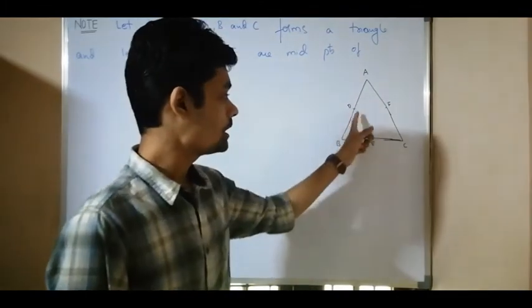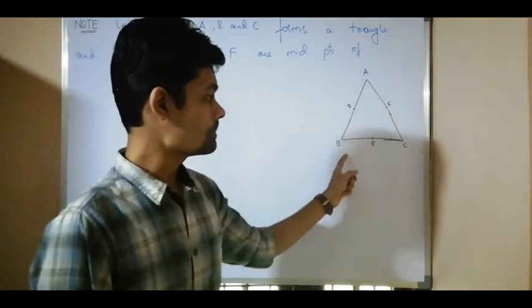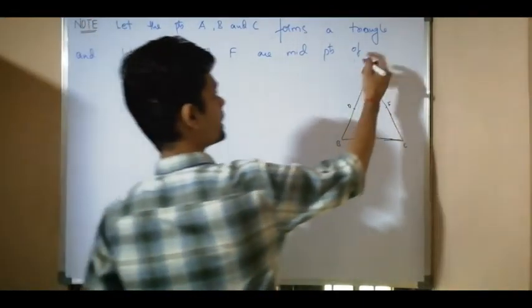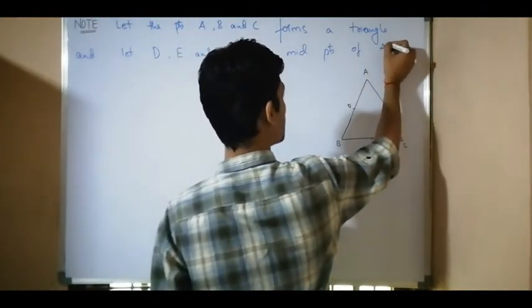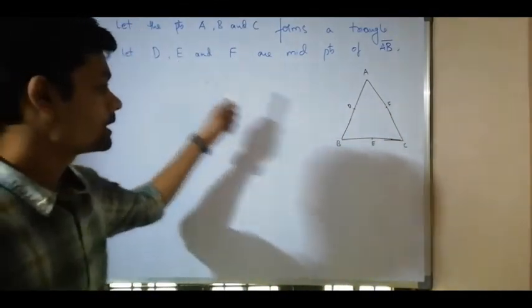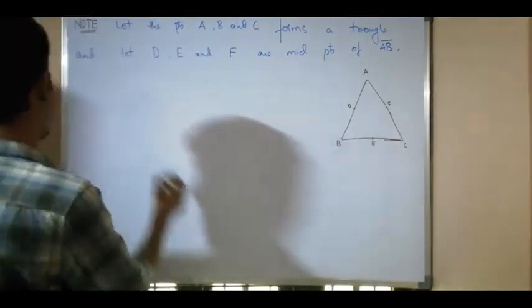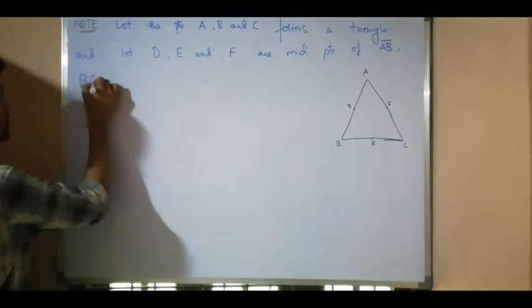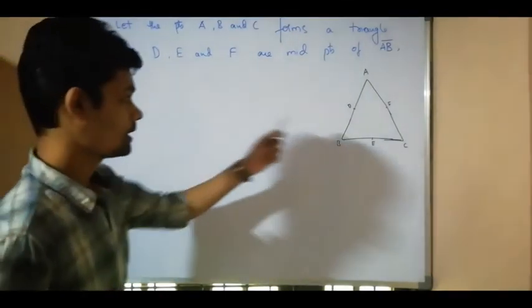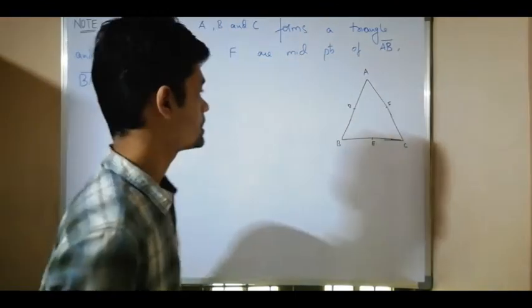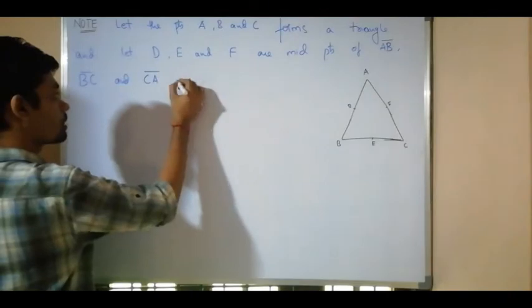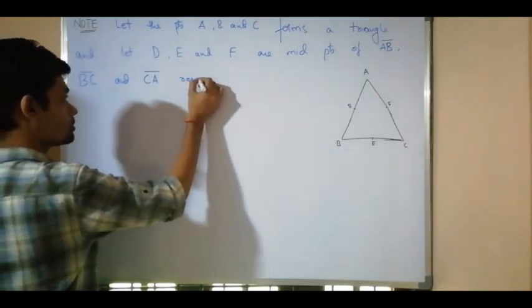Let capital D be the midpoint of AB, capital E the midpoint of BC, and capital F the midpoint of CA, respectively.